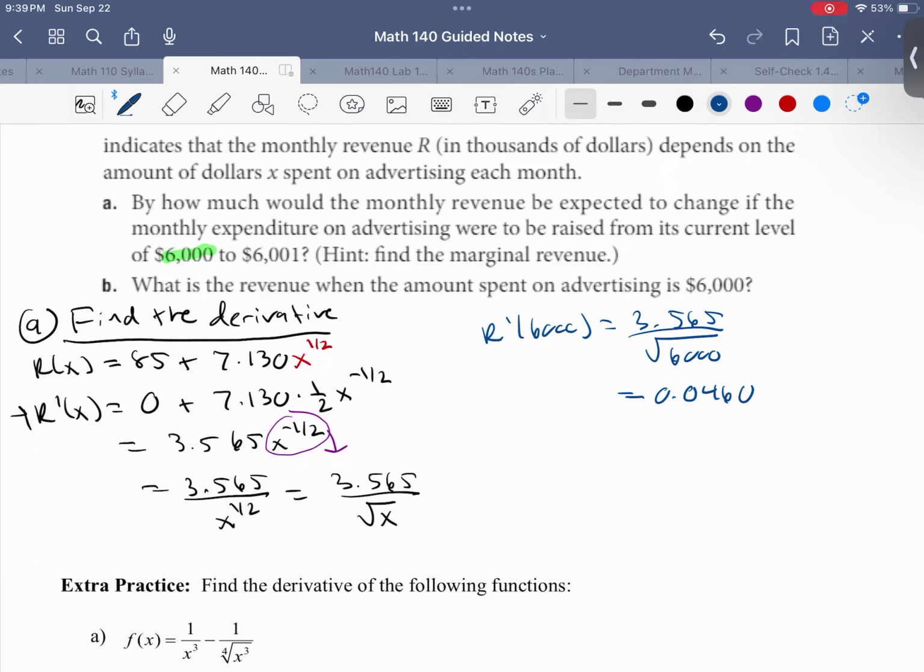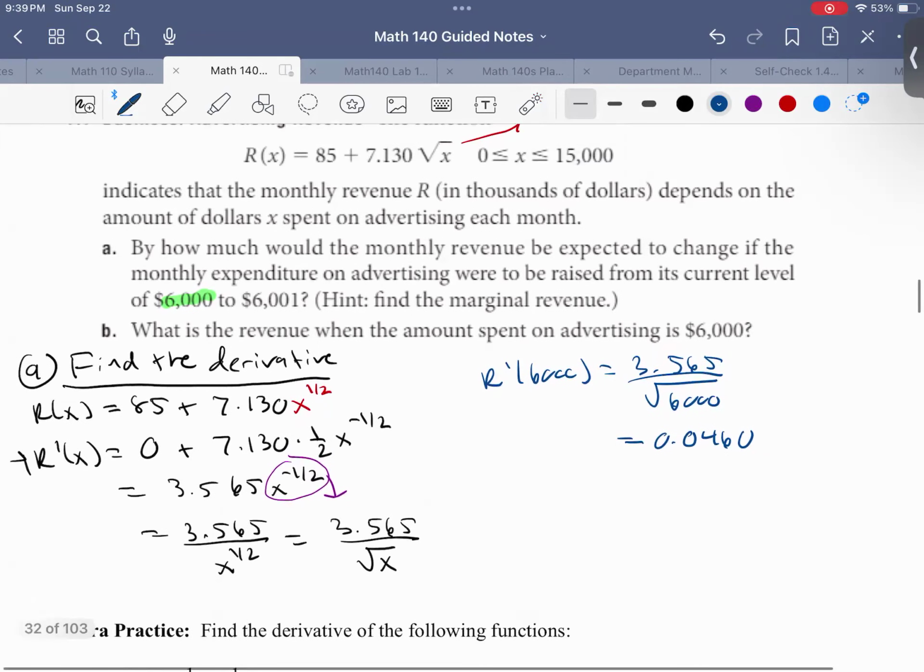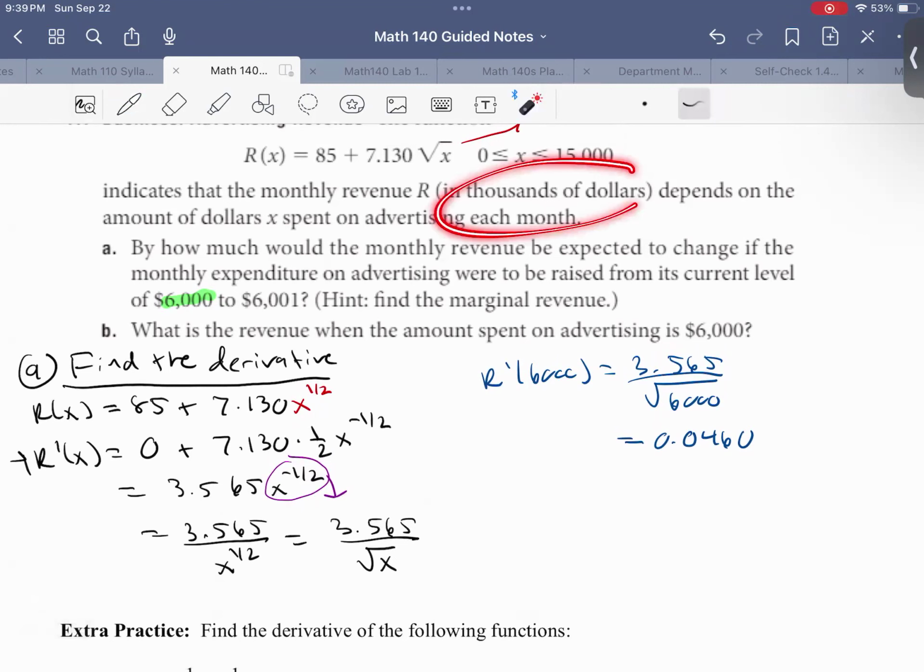Okay, so what does this mean? Recall that this is in thousands of dollars as well.